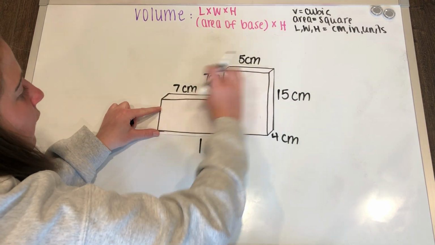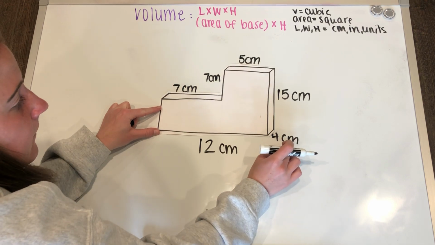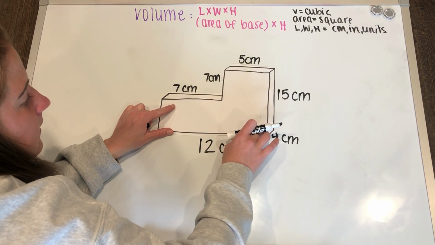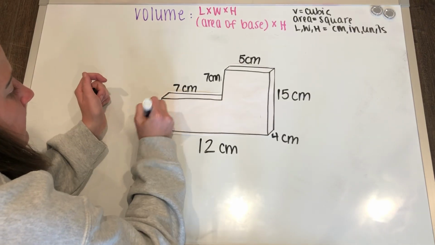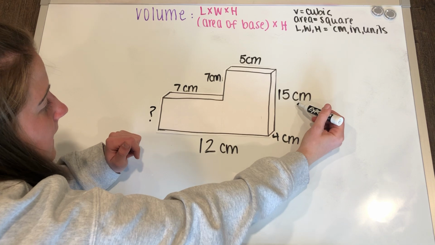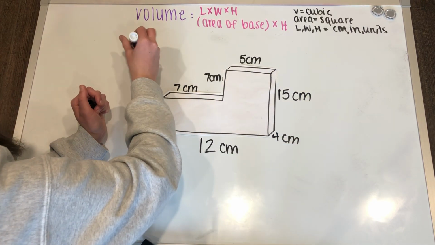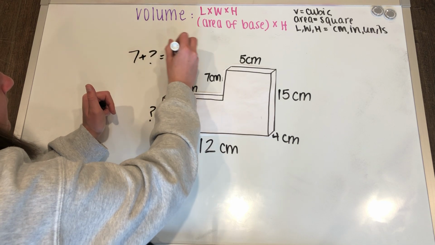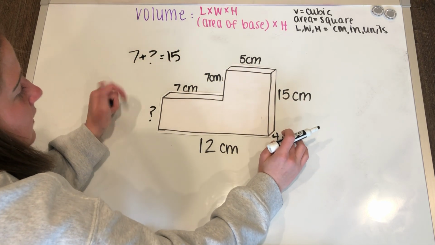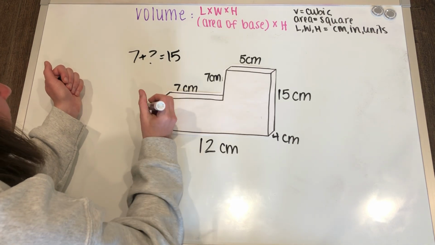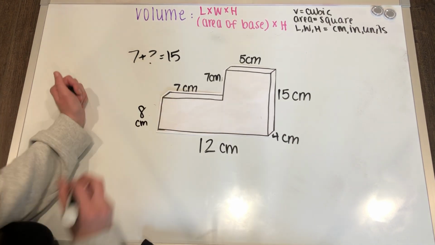We know that this is the total height, and then this height and this height add up to 15. So 7 plus what can give us 15? Well, 7 plus 8. So this must be 8 centimeters.